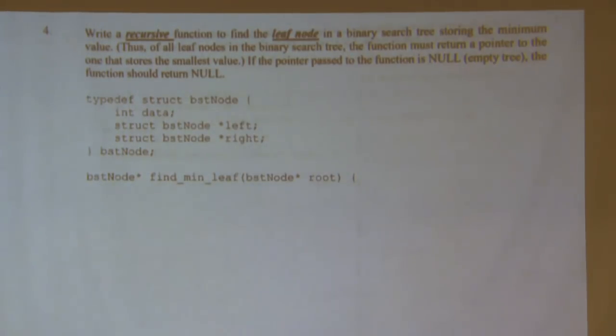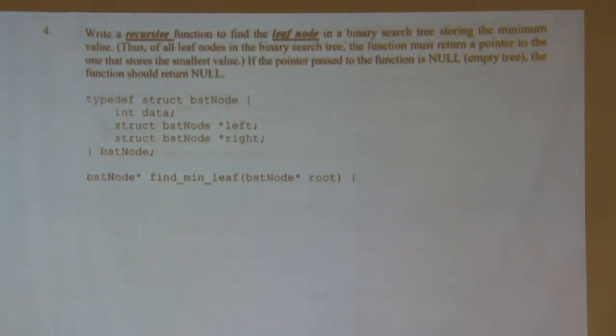So one thing that I thought when I saw this at first, I was like, oh, this is really easy, just the minimum value in a binary search tree. But it's not asking for that. It's asking for the minimum value that's stored specifically in a leaf node, right?